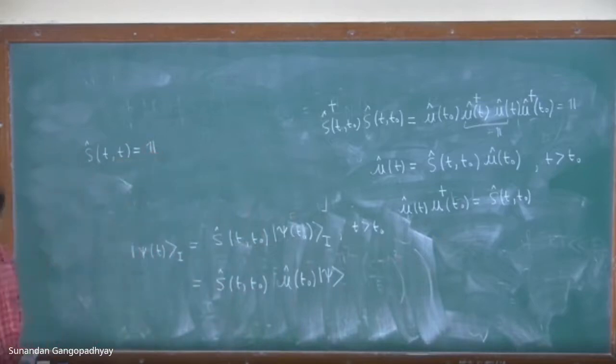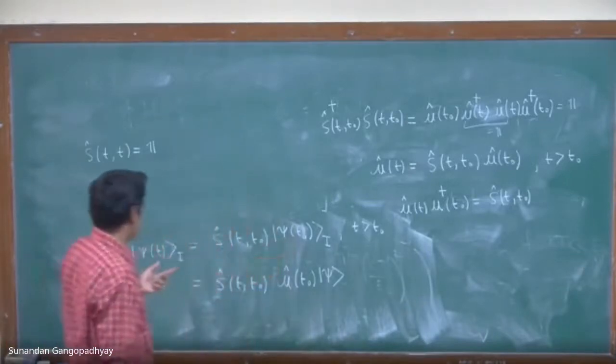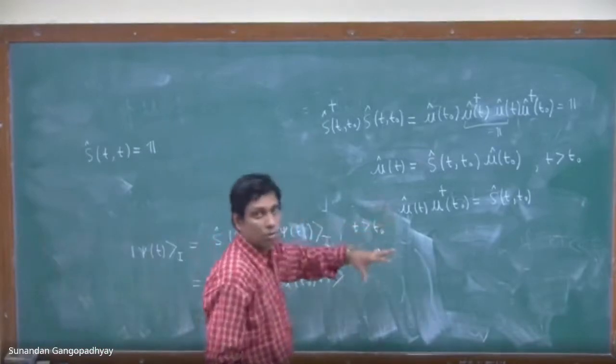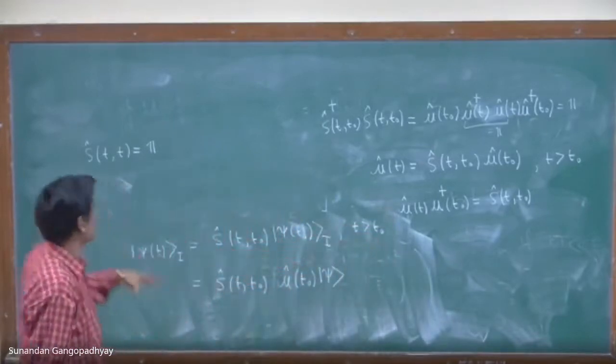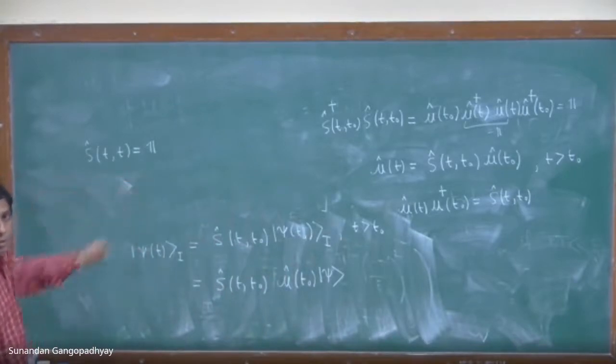So this is one property, S hat t comma t is identity. Just as U hat at 0 is identity, similarly S hat t comma t, whenever the arguments are the same, is basically the identity operator.